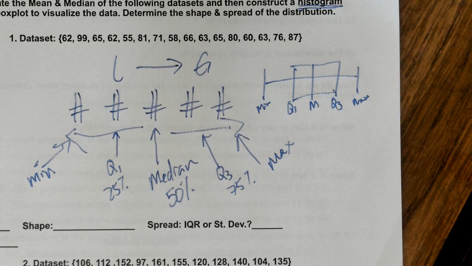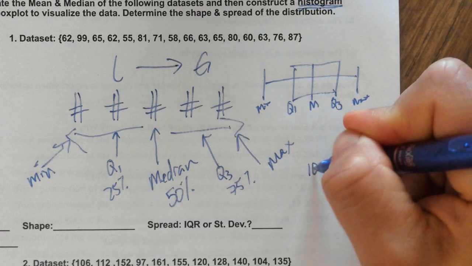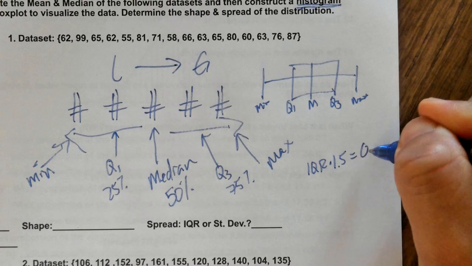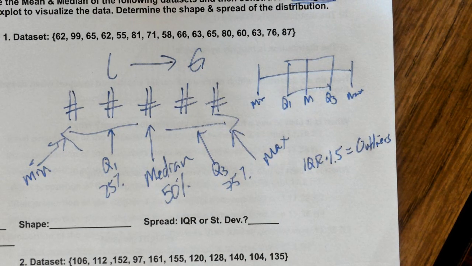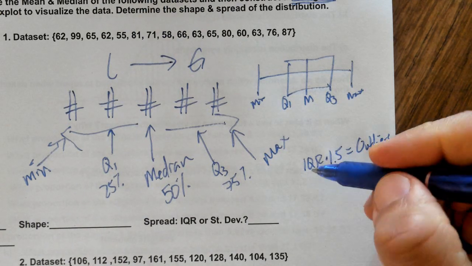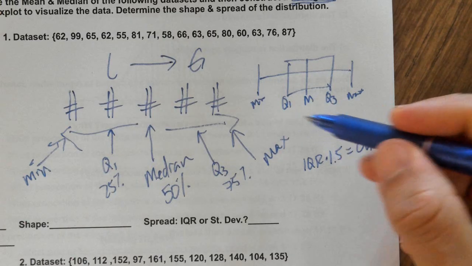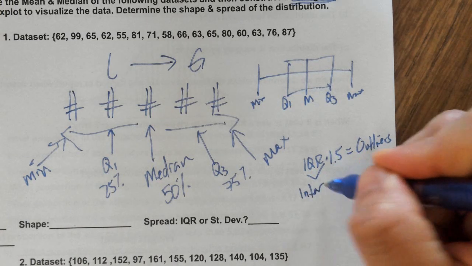And then if you have any outliers, you can calculate the outliers by doing IQR times 1.5. Right? This is going to give us our outliers. IQR being the interquartile range, which is the range of the interquartiles, right?